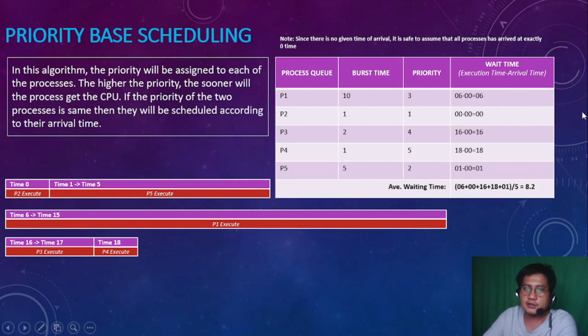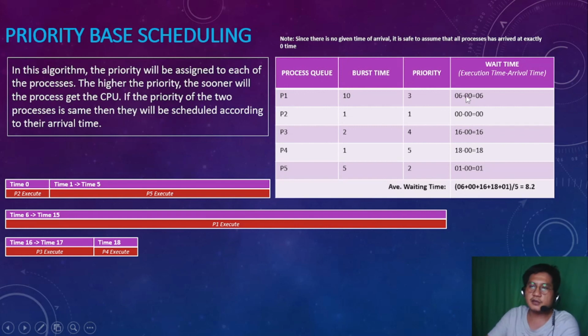So the arrival time is 0 for all the other processes, because in our table example there is no specific column for the arrival time of the processes. So we assume that they all arrive at 0 time, simultaneously.